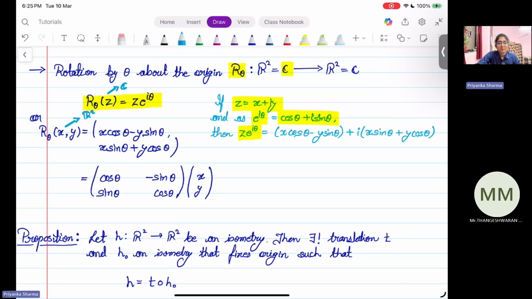Whenever you want to find the rotation of a given point by some angle θ, you will left multiply the point by this matrix. That is, you will find cos θ and sin θ for the given θ, and compute this matrix, and after the multiplication, you will get the rotation of the point (x, y).